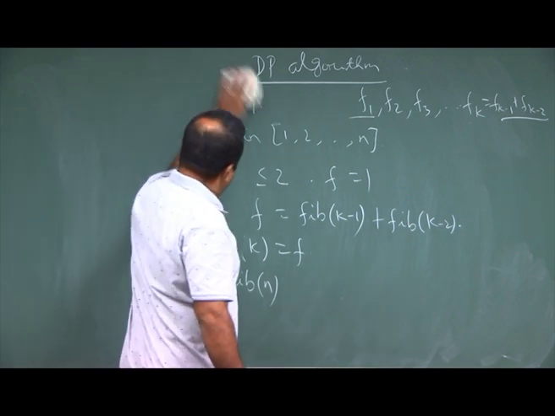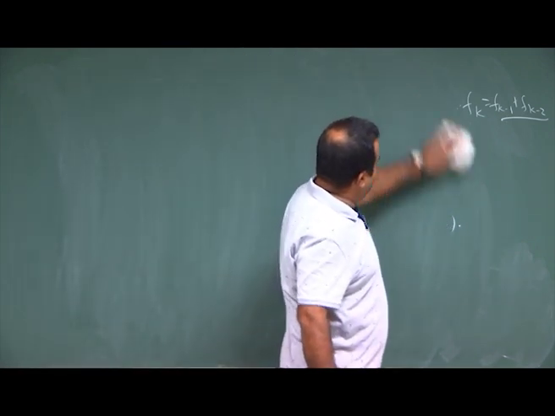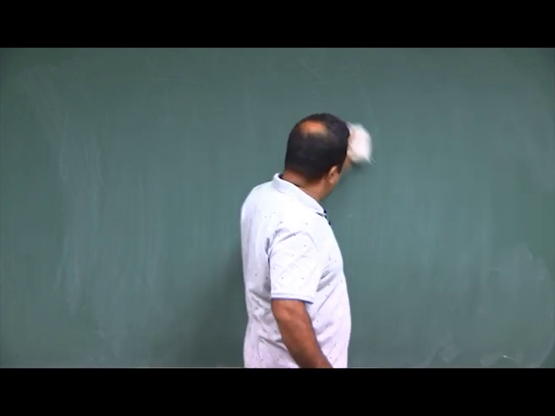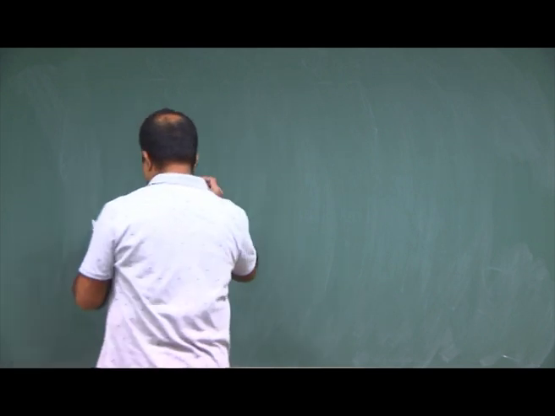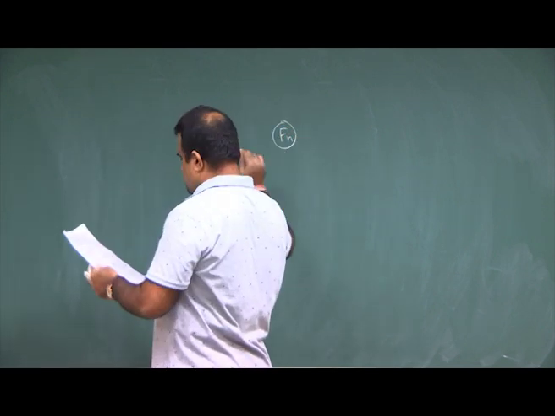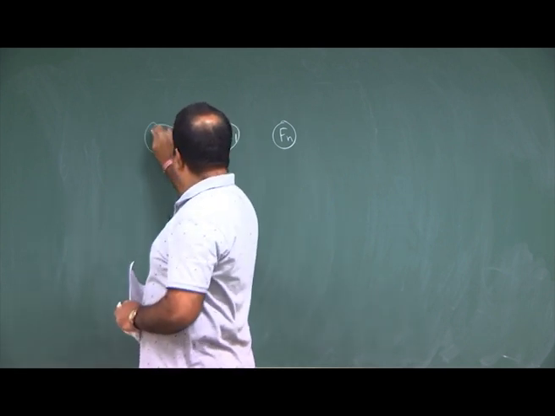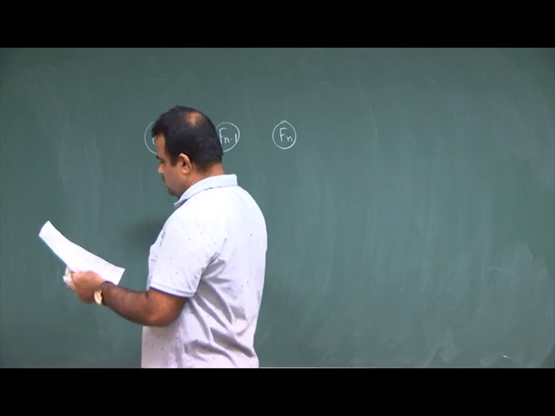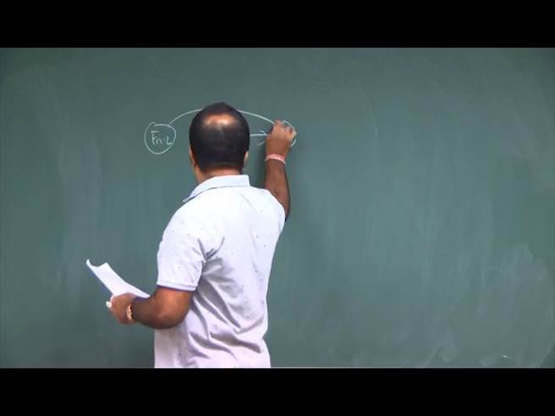Now, we want to see some topological ordering for this computation of fn. To calculate fn we need to calculate f of n minus 1 and f of n minus 2.